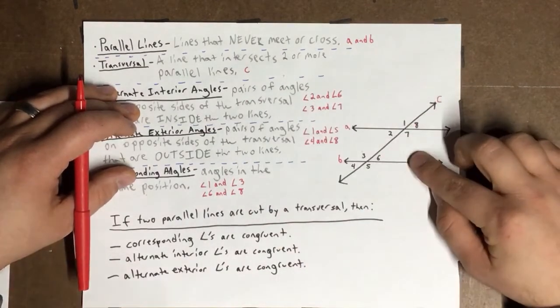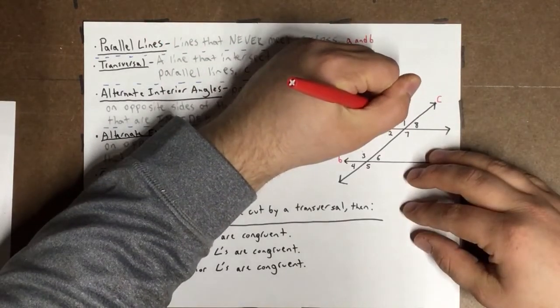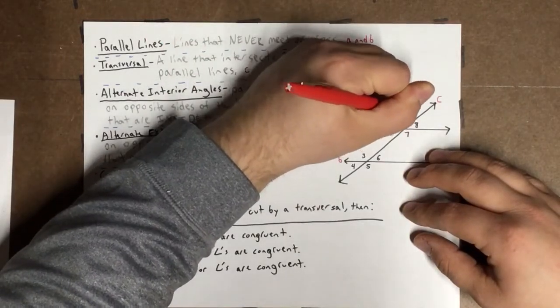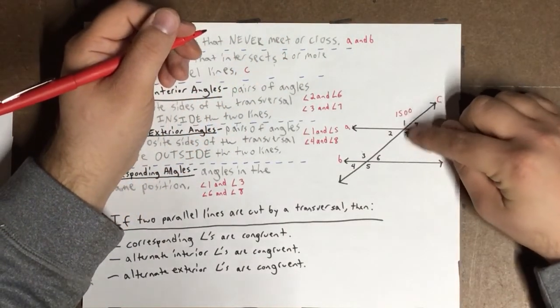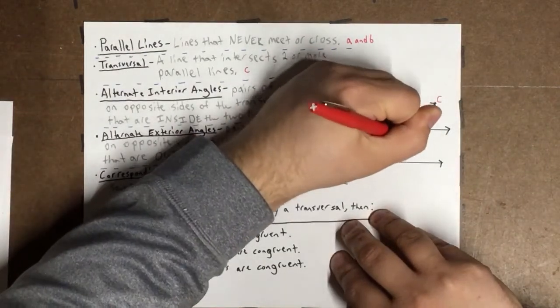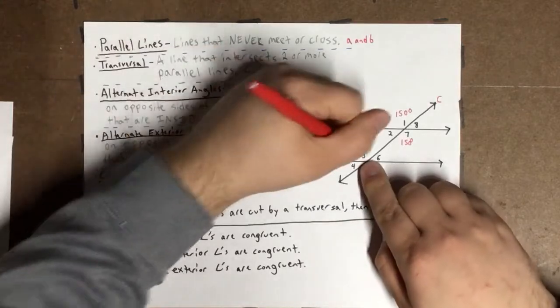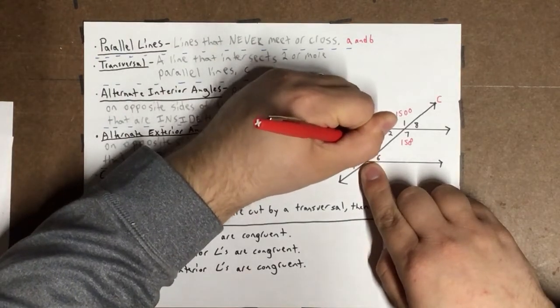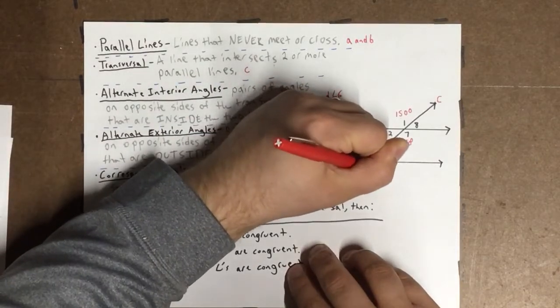So if I went back here and let's say that angle 1 was worth 150 degrees, 7 and 1 are going to be the same measurement, 150 degrees. I could say the same thing about angle 3. If you notice, all of the larger angles, the obtuse ones, are all going to be 150.